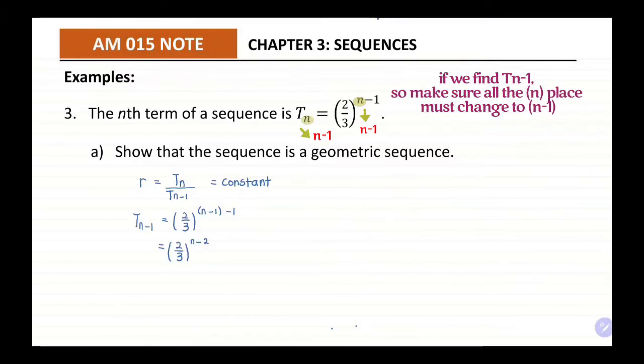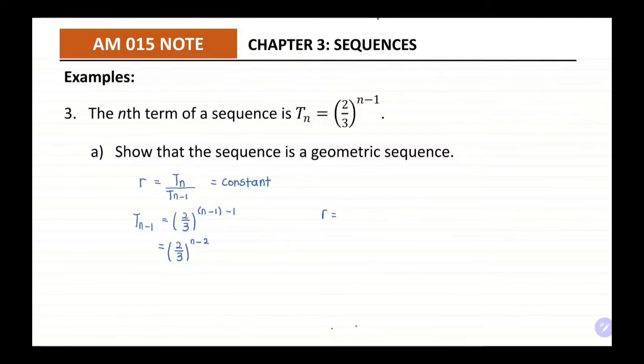Now we want to show that r is a constant, so we use the formula for r. R equals Tn. The equation for Tn is 2 over 3 to the power of n minus 1, divided by Tn minus 1, which we already found as 2 over 3 to the power of n minus 2.